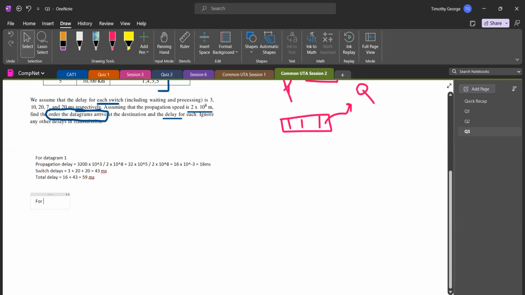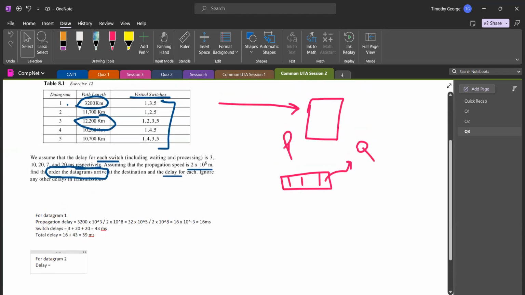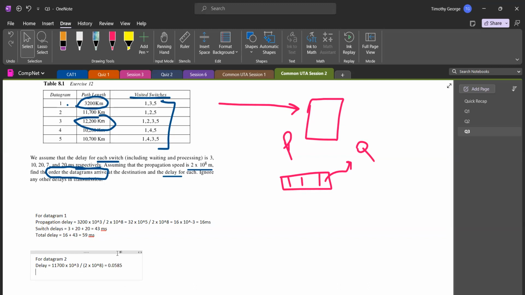So let's put datagram 2 together. The delay is going to be, what is the distance? 11,700 kilometers, times 10 raised to 3, divided by again 2 x 10 to the power 8. That's going to be 58.5 milliseconds.